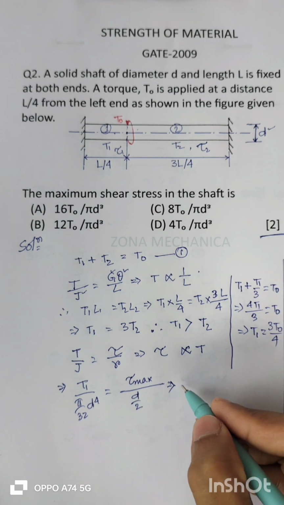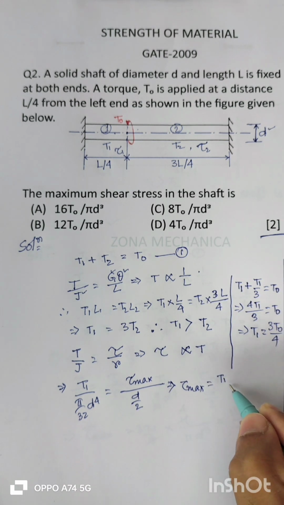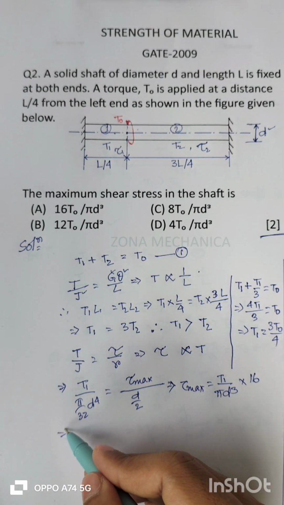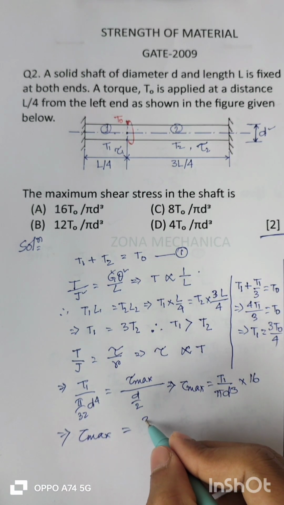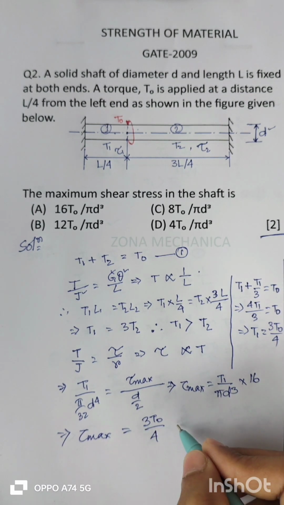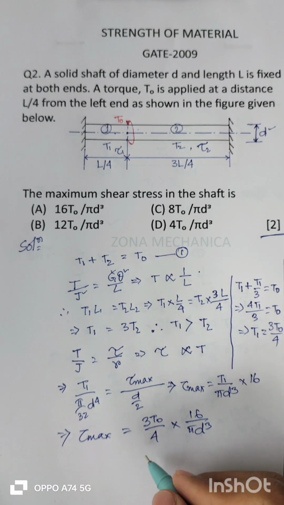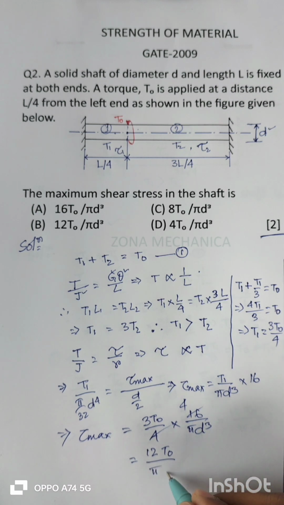So tau max will be equal to T1 by pi into d cube into 16, which implies tau max is equal to 3T0 by 4 into 16 by pi d cube, which is equal to 12 T0 by pi d cube.